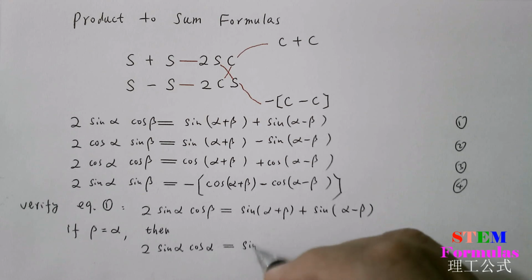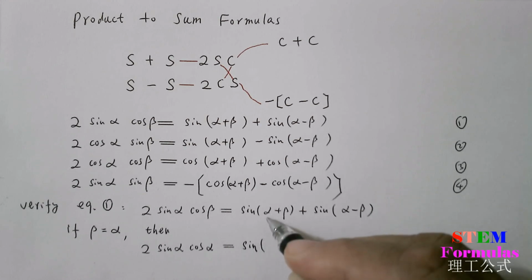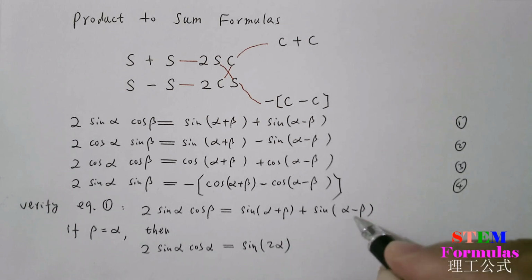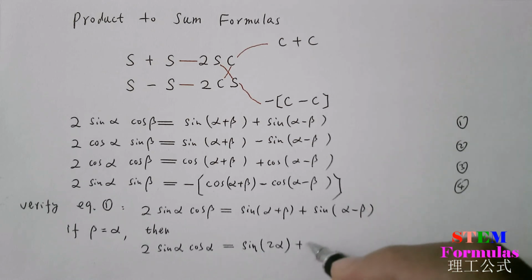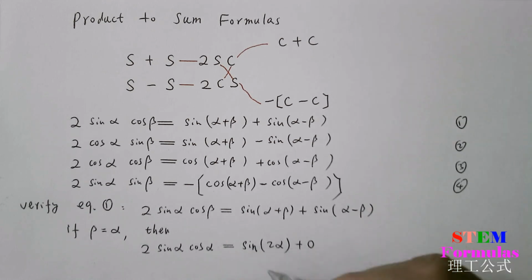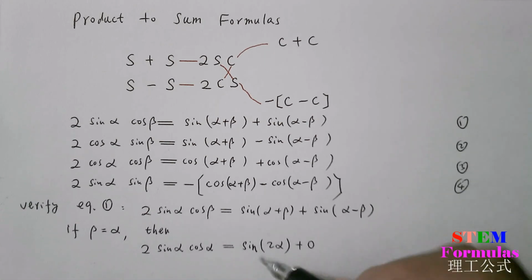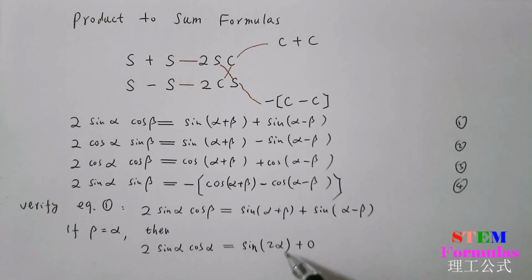Here, sine of alpha plus beta, this is 2 alpha. And alpha minus beta is 0, so sine 0 is 0, so plus 0. Therefore, we get the double angle of sine: sine 2 alpha equals 2 times sine alpha cosine alpha. And this equation is correct. Therefore, this equation is consistent with this equation.